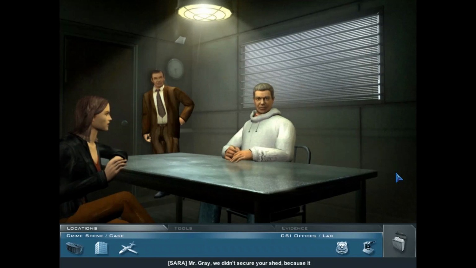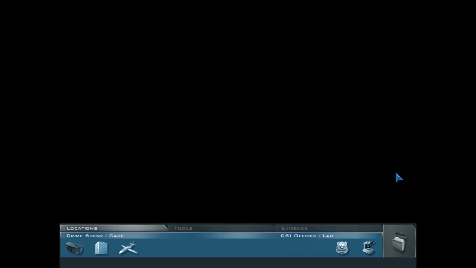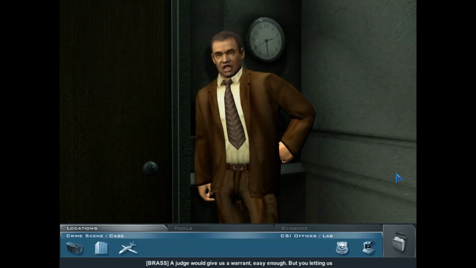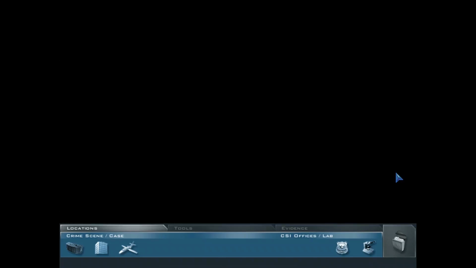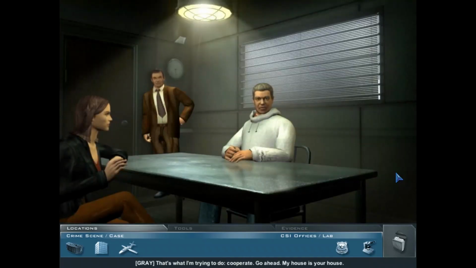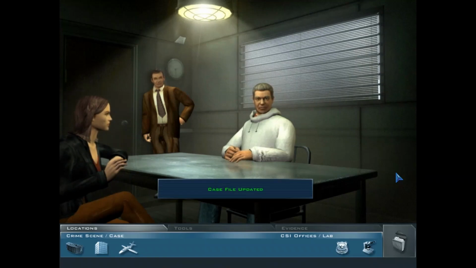Mr. Gray, we didn't secure your shed because it wasn't part of the original crime scene. Could we have your permission to check it now? To confirm your story? You need me to do that? A judge would give us a warrant easy enough, but you letting us skip that step would be another gold star in your cooperation column. That's what I'm trying to do. Cooperate. Go ahead. My house is your house.